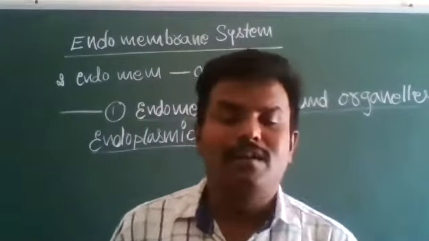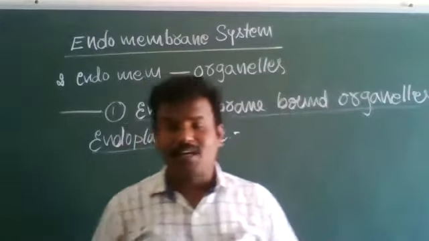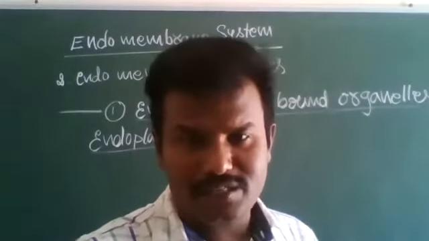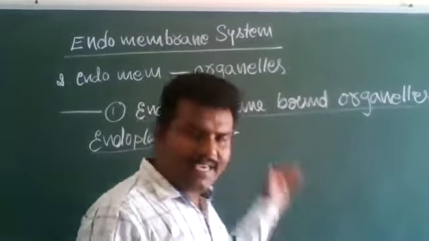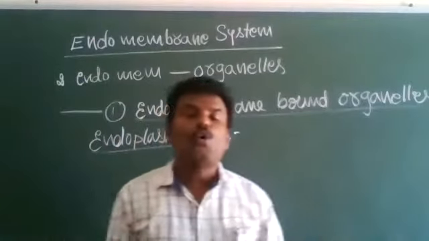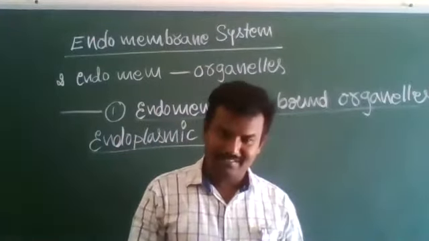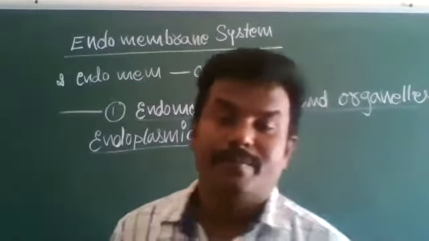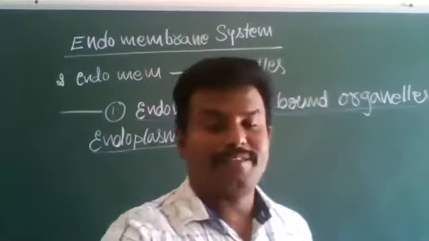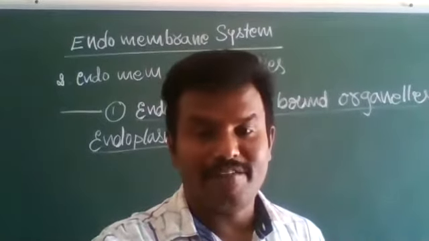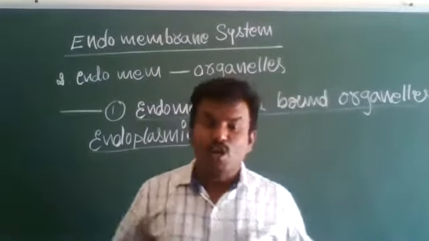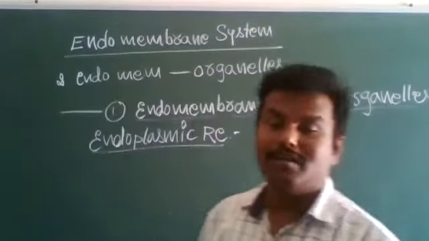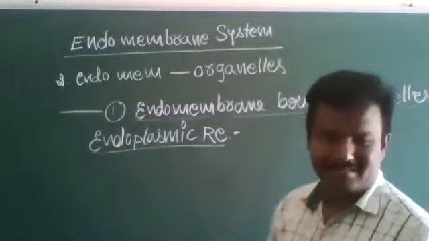These are all called endomembrane system or endomembrane bound organelles, because all these functions are coordinated with each other. Among endoplasmic reticulum, Golgi complex, lysosomes, and vacuoles, the functions are coordinated with each other. Therefore, these are all called endomembrane organelles.